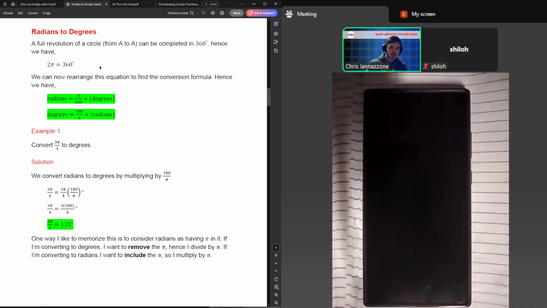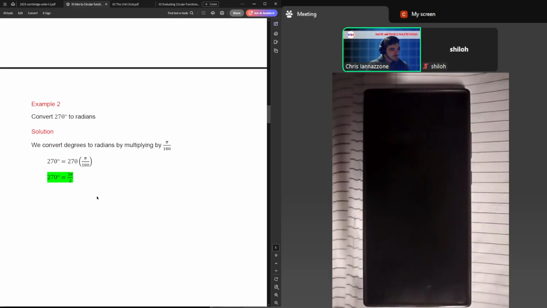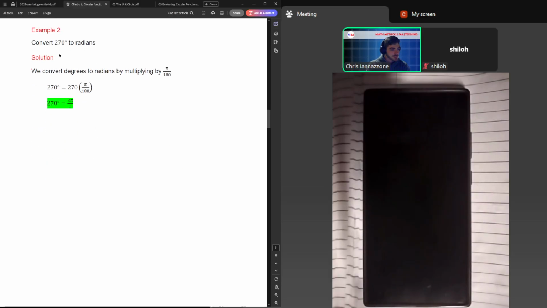You want to have pi in your answer if it's a radians answer. And then to convert to degrees, you want to multiply by 180 and divide by pi. So again, if you want to go to degrees, you want to take pi out of your unit. Then it becomes in terms of degrees. That's at least how I think about it. But otherwise, yeah, just multiplying is really what's happening there. If you have like 270 degrees and you want to convert it to radians, multiply it by pi, divide by 180.